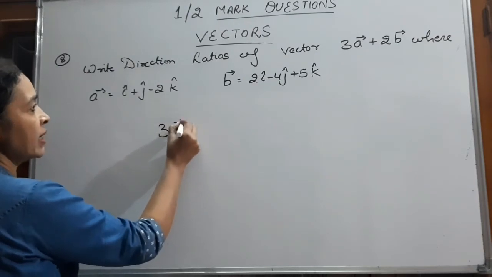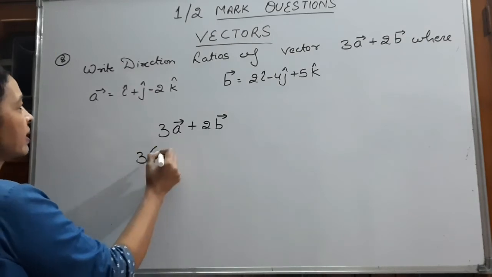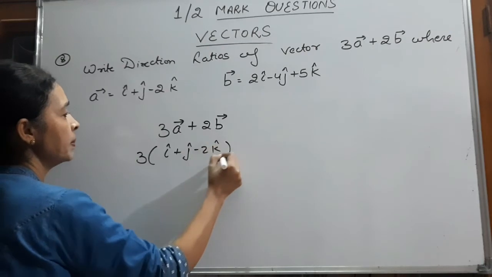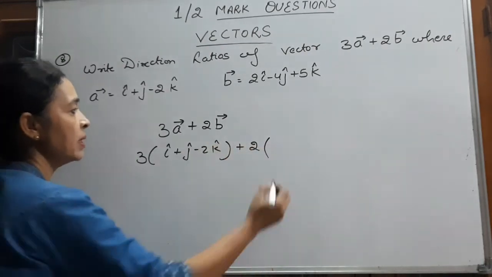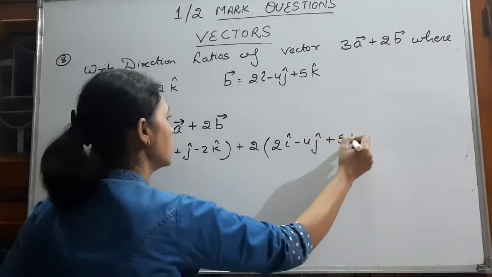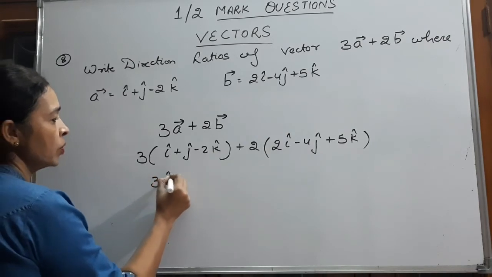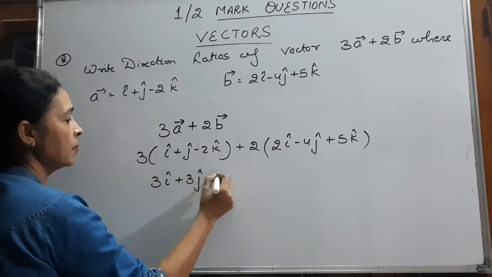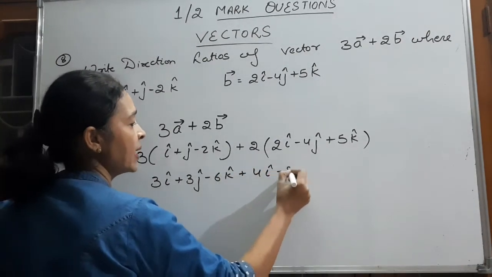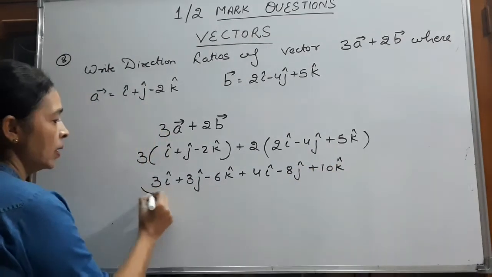We have to find 3 into vector A plus 2 into vector B. We have 3 into vector A, I cap plus j cap minus 2k cap, plus 2 times vector B, 2i cap minus 4j cap plus 5k cap. 3i cap plus 3j cap minus 6k cap plus 4i cap minus 8j cap plus 10k cap.